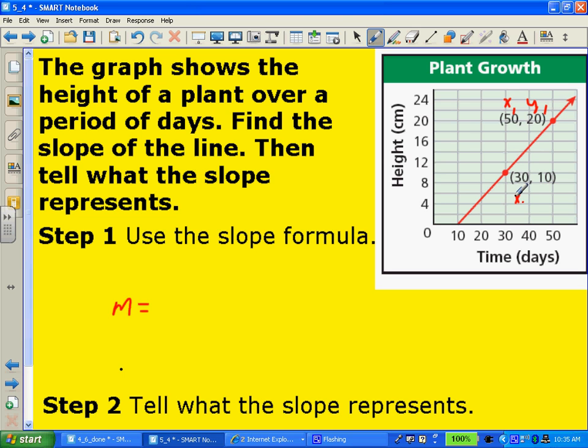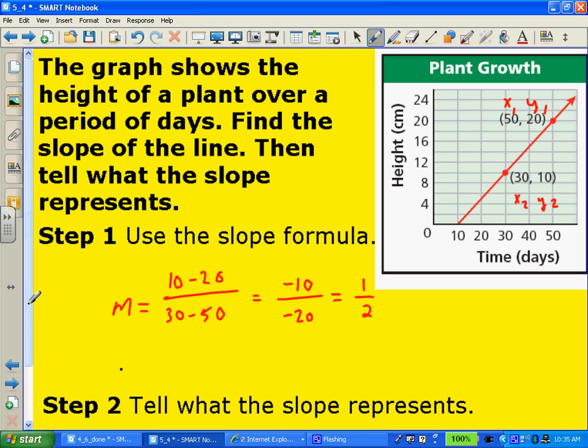So let's label them x1, y1, x2, y2. So then I got 10 minus 20 over 30 minus 50. 10 minus 20 is negative 10. 30 minus 50 is negative 20. That gives me positive 1/2 as my slope.